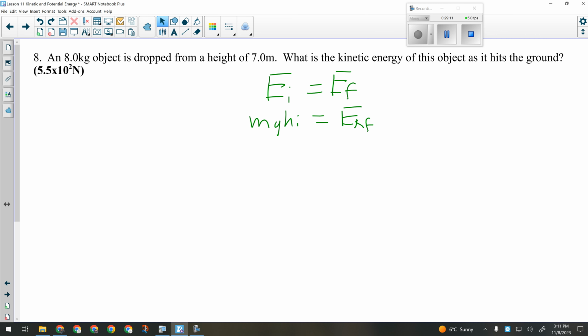So all I have to do is go 8 times 9.81 times 7, okay? And that's going to be 550, or 5.5 times 10 to the 2 joules. Okay? That's a great multiple choice question.